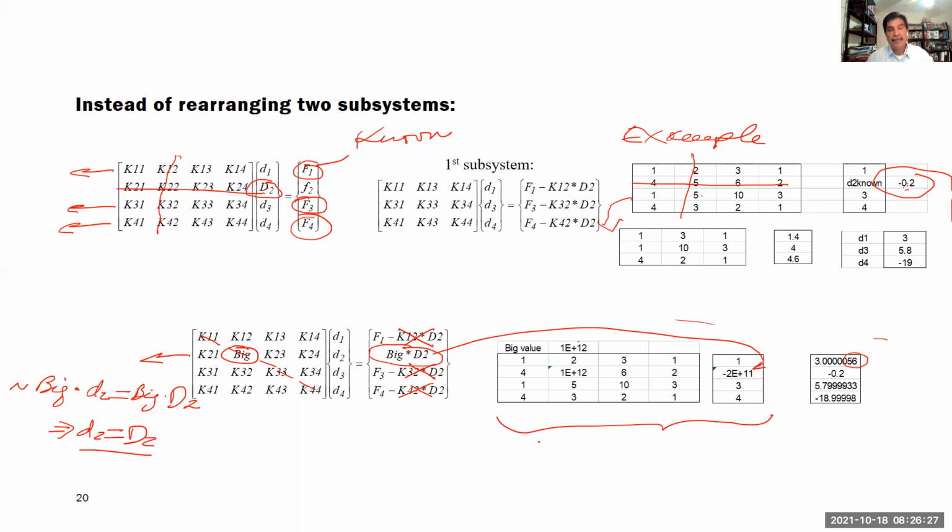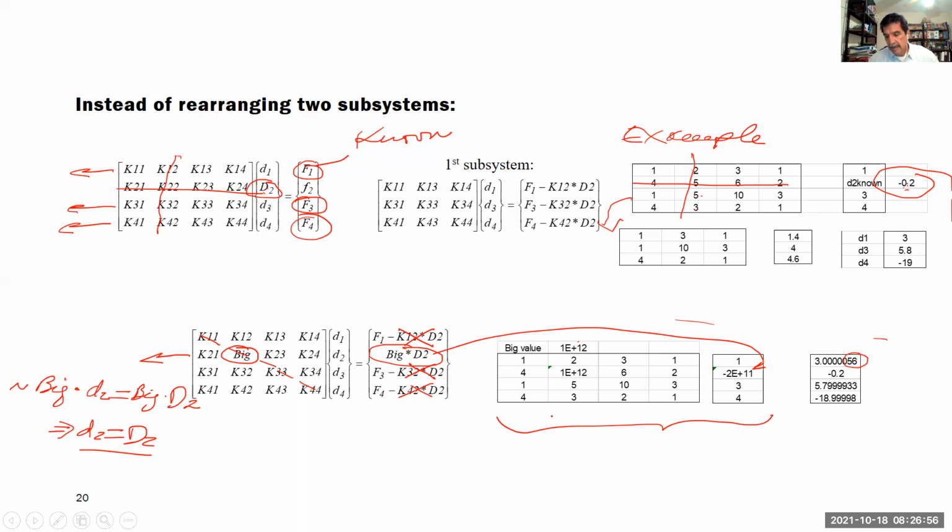You can invert that, but the problem is that inversion is very expensive. If you take, for example, 10 by 10 matrices, that's okay. But I remember in Engineer Jungan, probably in 2011, we had 300,000 equations.